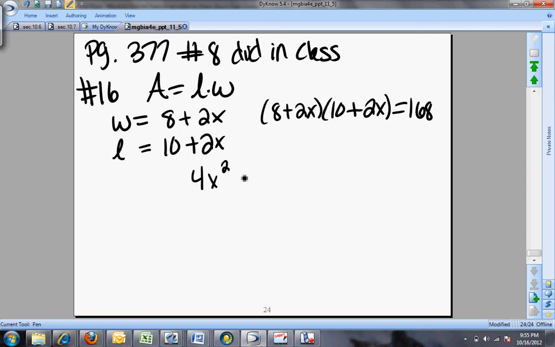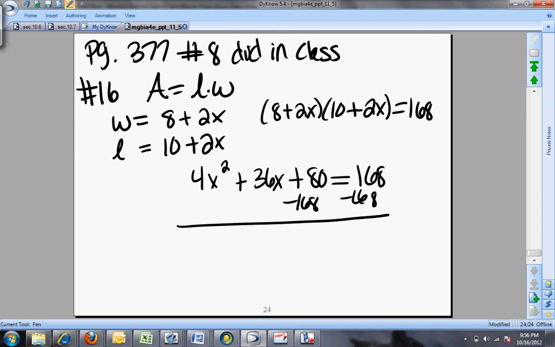You should get 4x squared plus 36x plus 80 is equal to 168. Then if we subtract 168 from both sides, because we're going to set it equal to 0 and solve, we'll end up with 4x squared plus 36x minus 88.